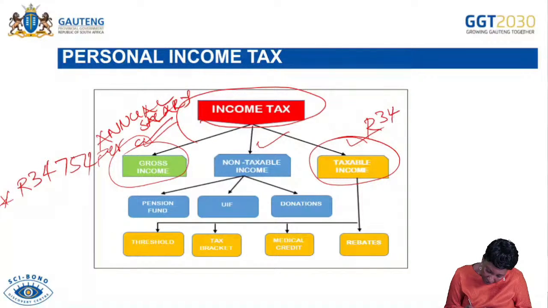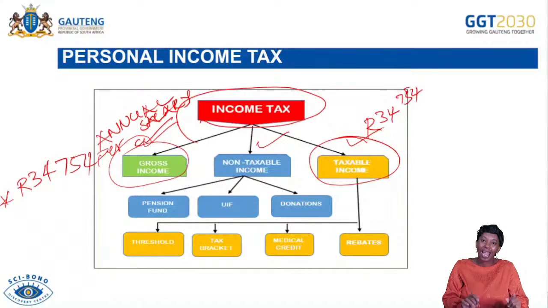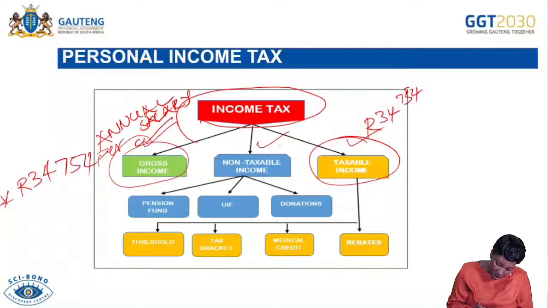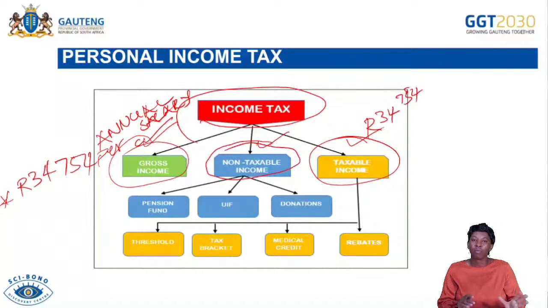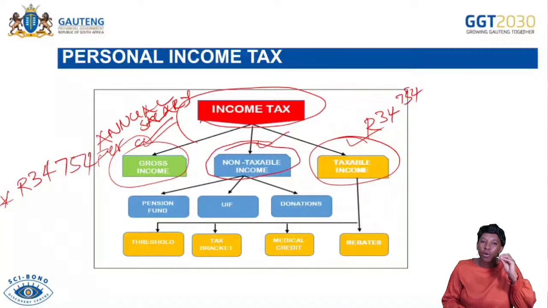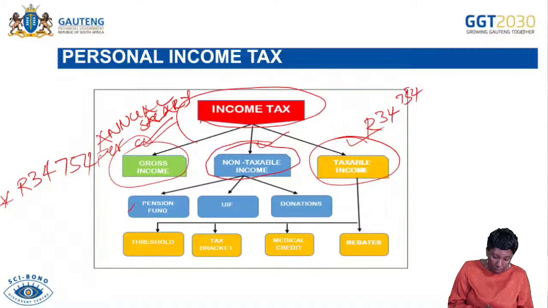It will be 34,754. And this amount, remember now, if they say it is taxable income, it has already subtracted the non-taxable income. What are those non-taxable income? We have only 3 official non-taxable income, which is your pension fund.